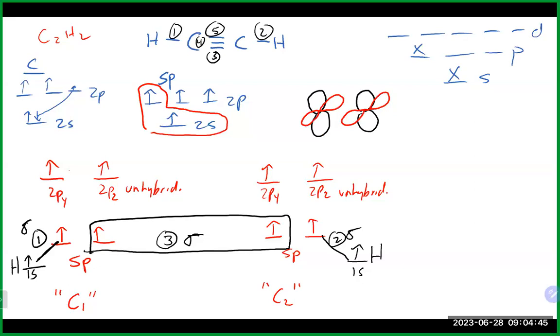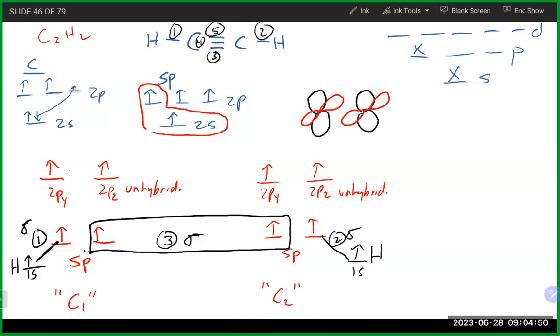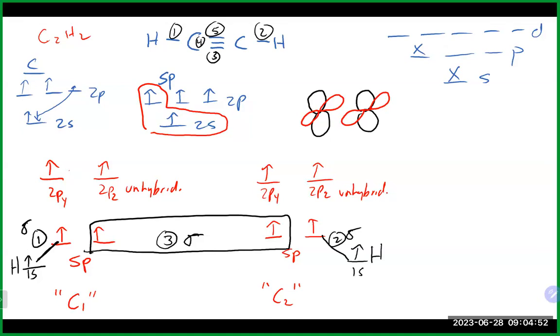So what's going to happen is, in this particular case, we will end up with an overlap that's going to happen between, say, these two guys to make the pi bond and the second line of the triple bond. So we'll just call these guys here those.